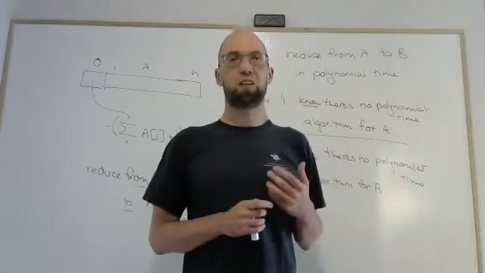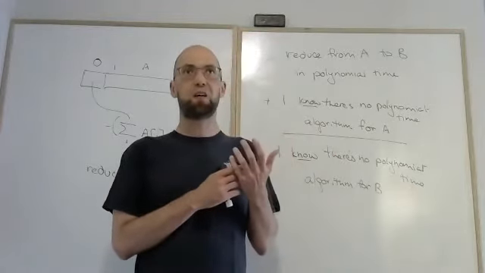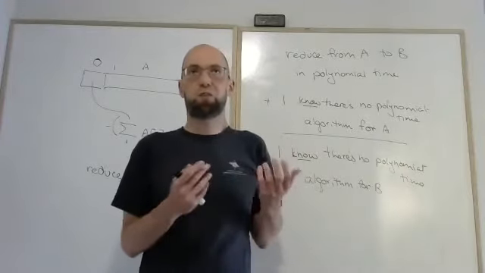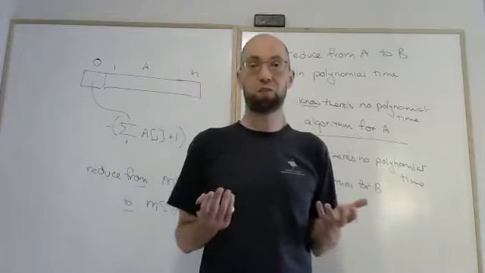And that gives me a solution for the instance of A, in time a polynomial composed with a polynomial, but a polynomial composed with a polynomial is still a polynomial, so that just gives me a polynomial time algorithm for A.